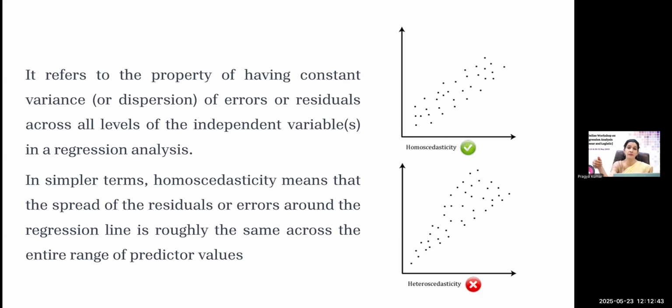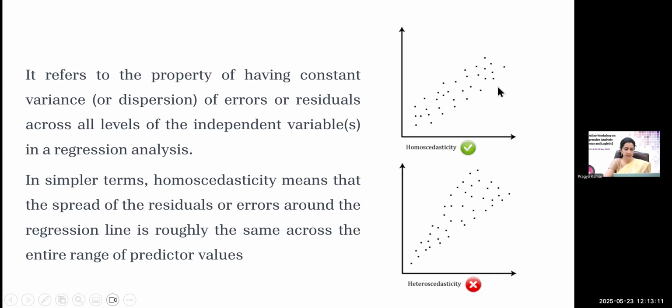It doesn't give you a p-value. Rather, by visual inspection of the residual plot, you have to make out whether the assumption of homoscedasticity was met or not. If there's no pattern, it has a constant variance of error or residual at all levels of the independent variable.